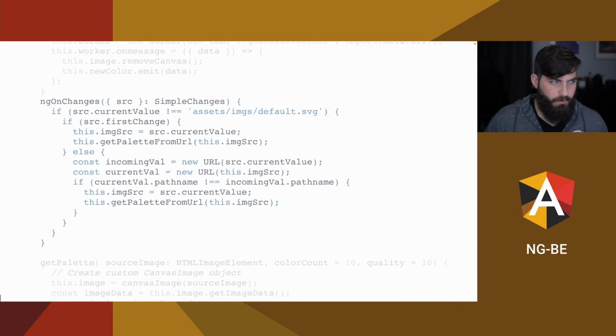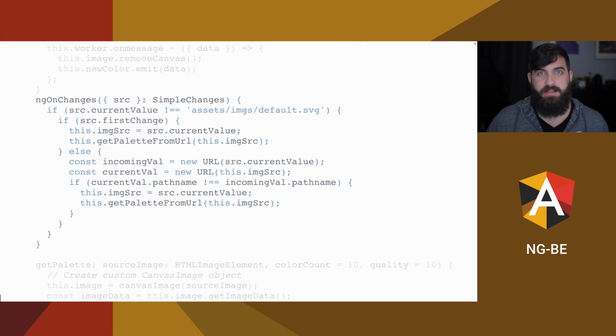So I created this directive called color from image, where we watch the changes for an image source. So we go through that, we get the image, do some diffing to figure out if we are on the first change, do something different. If not, we need to do some normalization. And then we call this get palette from URL, which just loads up the image data.